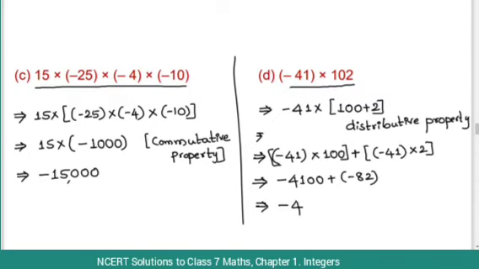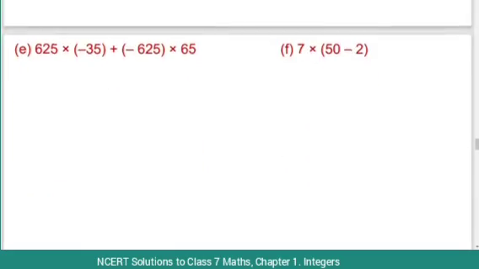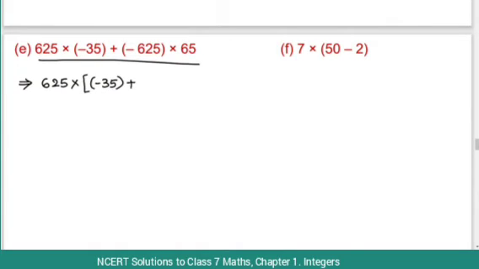Now add these two numbers. It becomes minus 4182. E 625 into minus 35 plus minus 625 into 65. Here I will take 625 as common. Remaining terms are minus 35 plus of minus 65.